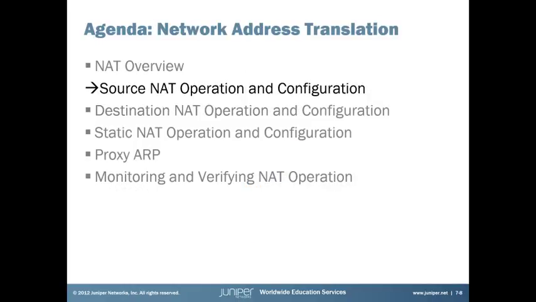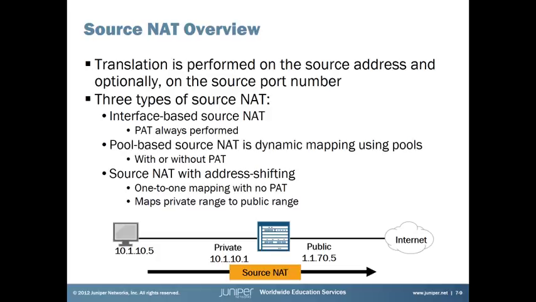Okay, so let's take a look at source NATing. There are three types of source NATing. We have interface-based source NATing. This is the most commonly used source NATing. The PAT is always performed. Pool-based, where we say, well, we're going to translate these private addresses usually into a pool of public addresses.